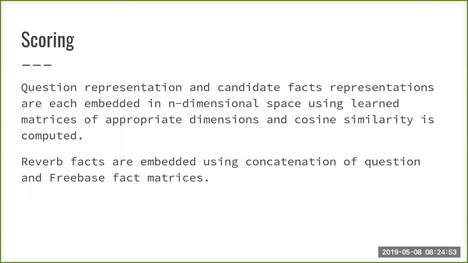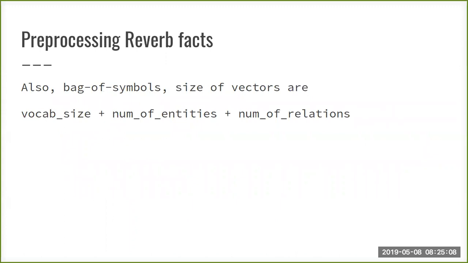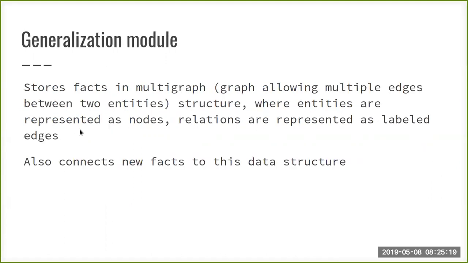And for ReVerb facts, well, ReVerb facts are twice as long as I said before. Not twice as long, but they actually try to match the entities and the relationship as much as they can, but whatever they cannot, they just use the vocabulary.